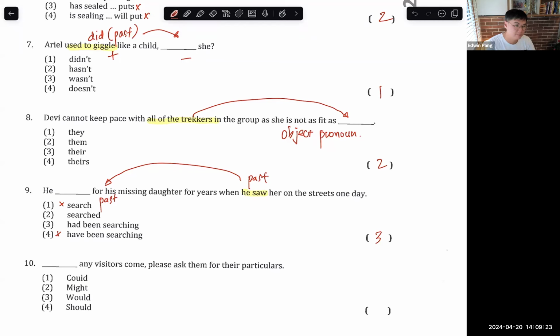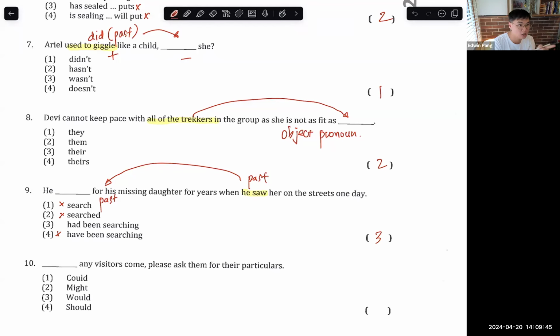I know it doesn't quite fit into the 3-2, 2-3, 4-3, 3-4 format, but in this case it's just a process of elimination. Because you can't possibly have he searched for his missing daughter for years when. There must be a continuous thing that was interrupted by a singular action.